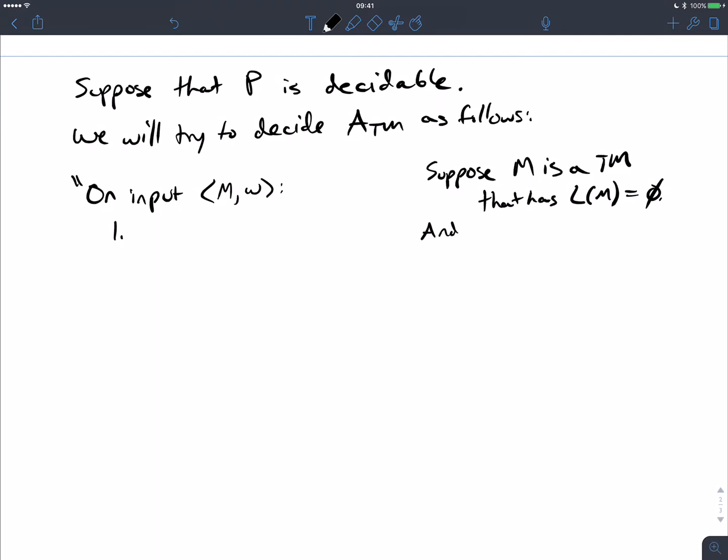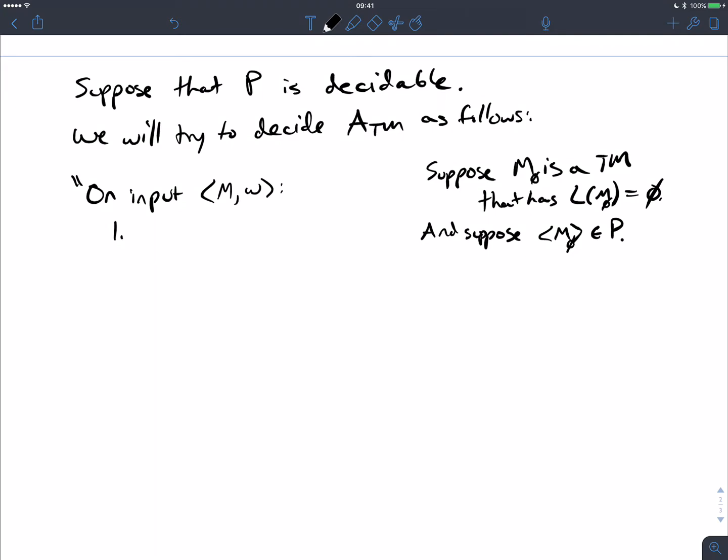And suppose M's description is in P. Or in other words, M has property P. Actually, I'm going to give it a name, sorry. M sub empty. Just to remind us that it has the empty language. Okay?